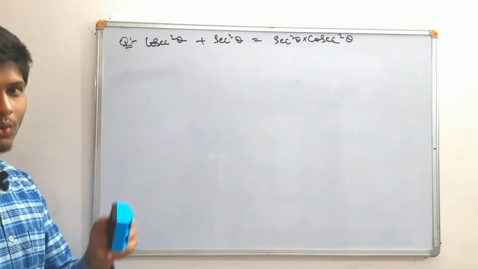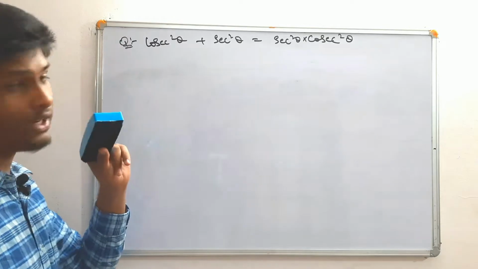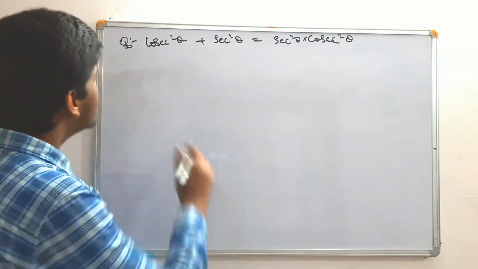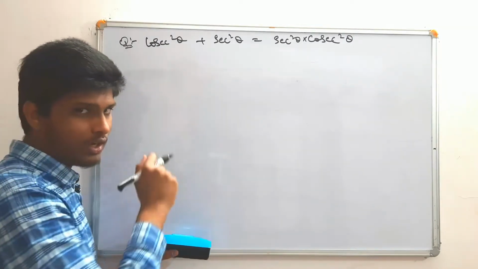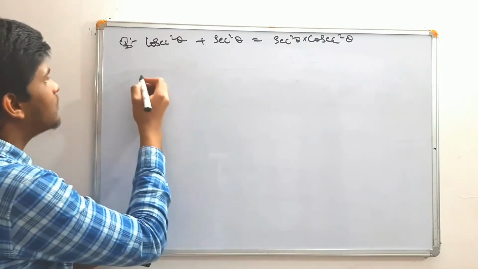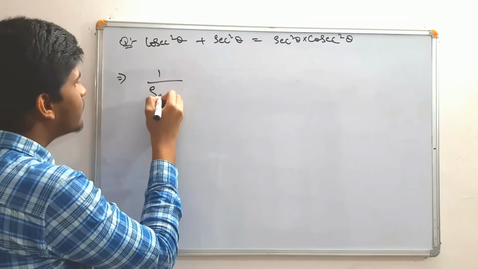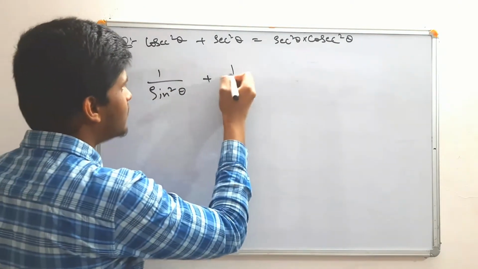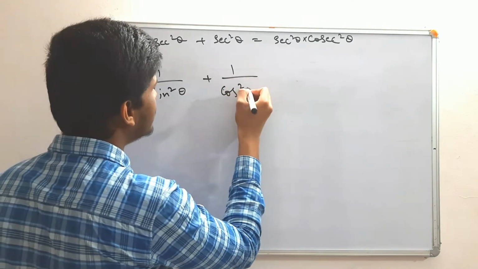But here they are not just numbers, they are trigonometric ratios, and this is possible using identities. Cosecant square theta can be written as 1 by sin square theta, and secant square theta can be written as 1 by cos square theta.